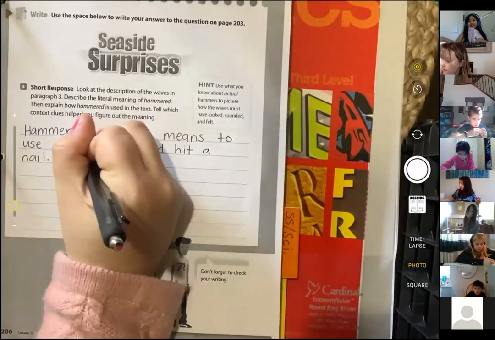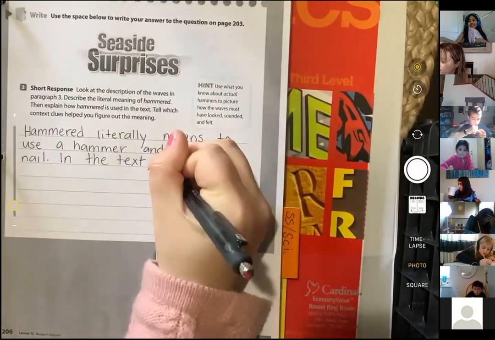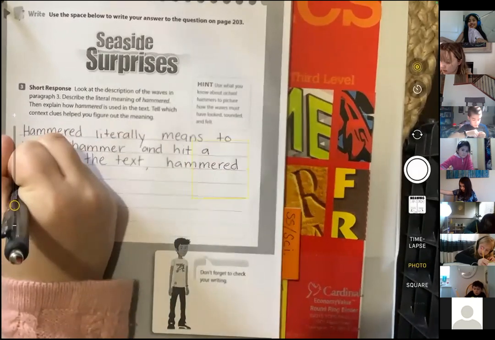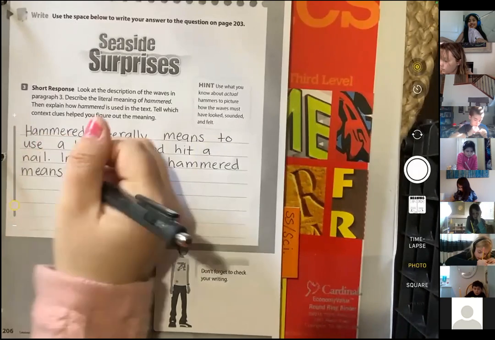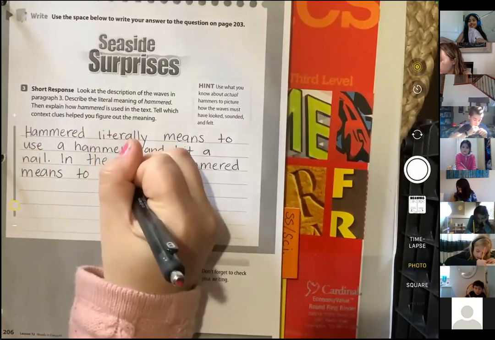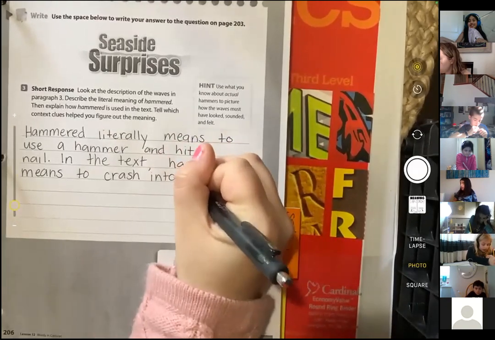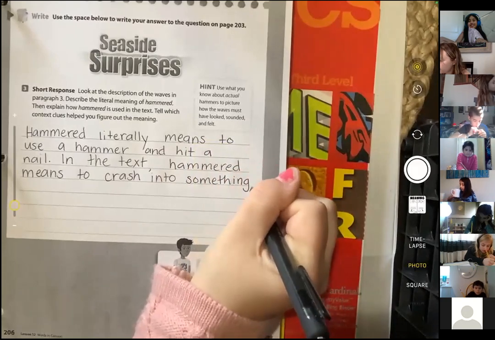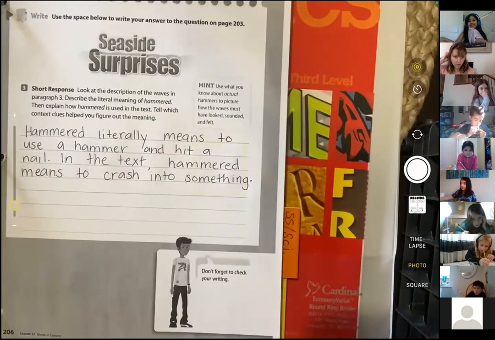In the text, hammered means to crash into something. Okay, so in the text, hammered means to crash into something.